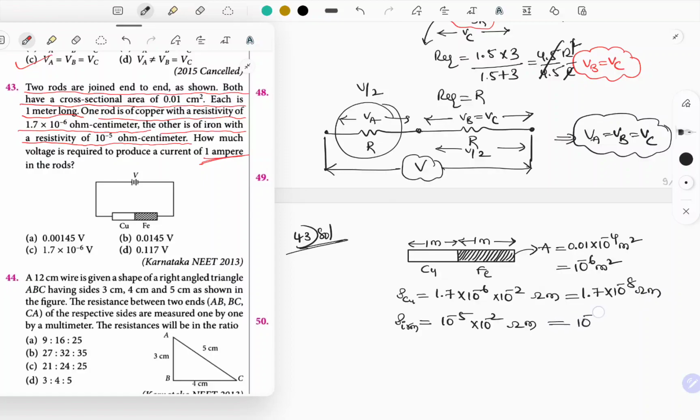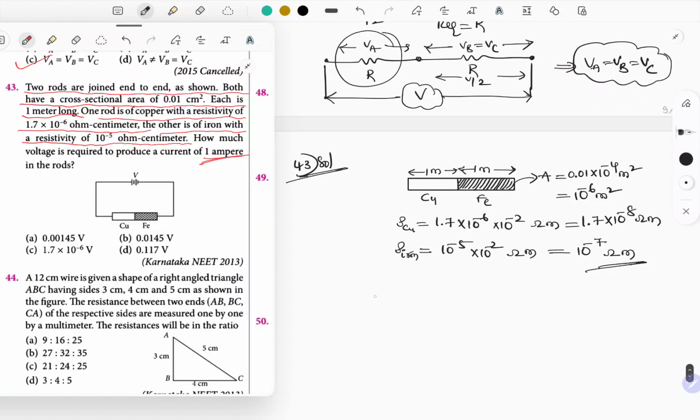So this is 10 power minus 7 ohm meter. First of all, we have to find out resistance of copper. Resistance of copper formula, rho copper times L by A. And resistance of iron is rho of iron L by A.